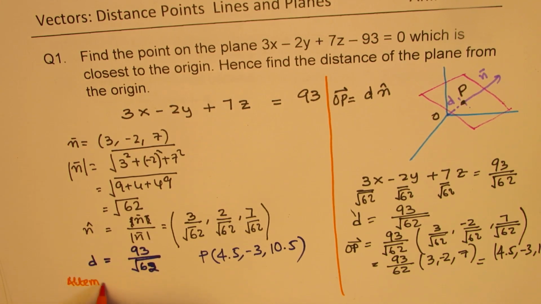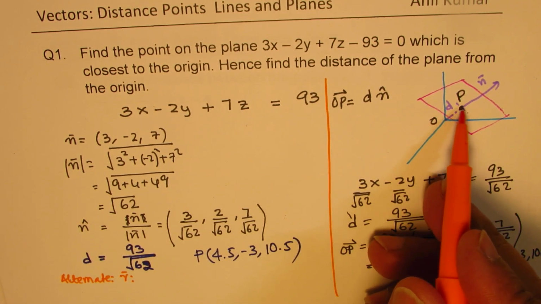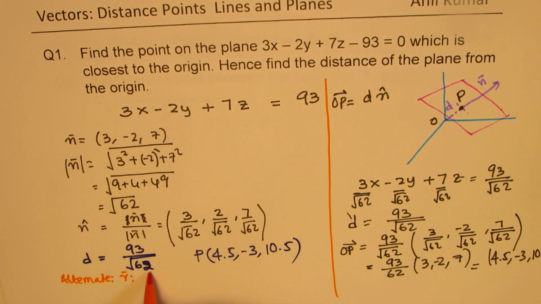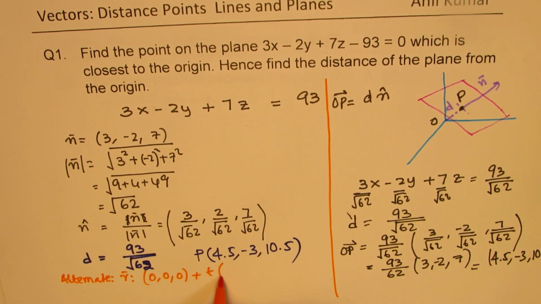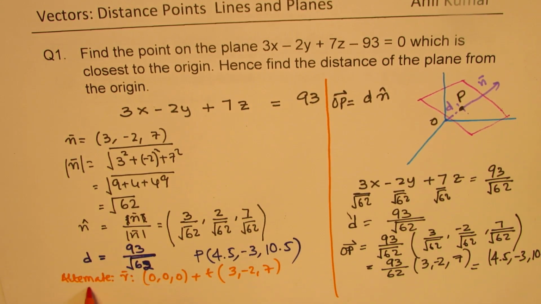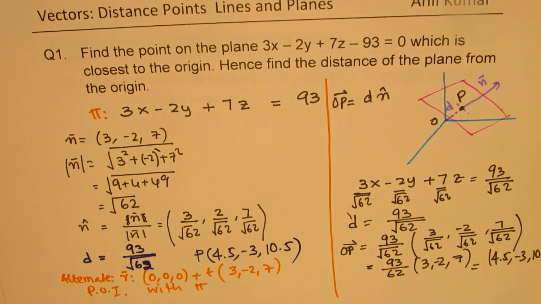You can find the equation of the line R, which will be from the origin along the normal, which is basically, you can write like this also, 0, 0, 0 plus t times 3, minus 2, 7. And then you find the point of intersection with the plane, let's say this is our plane pi. Is it clear to you? You could do the alternate method and find the same answer. Perfect.